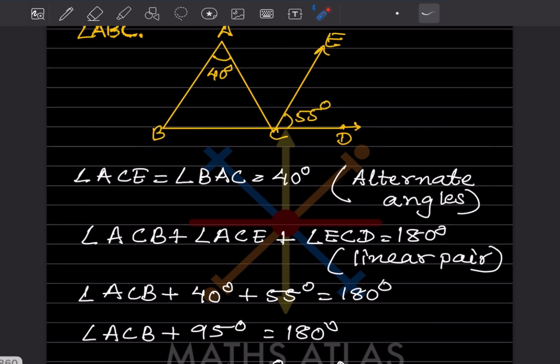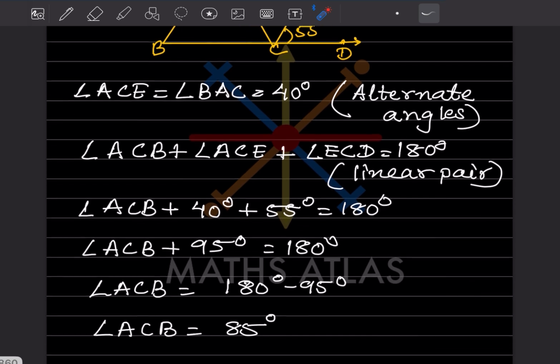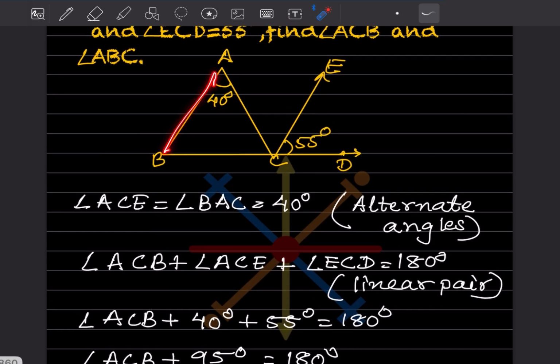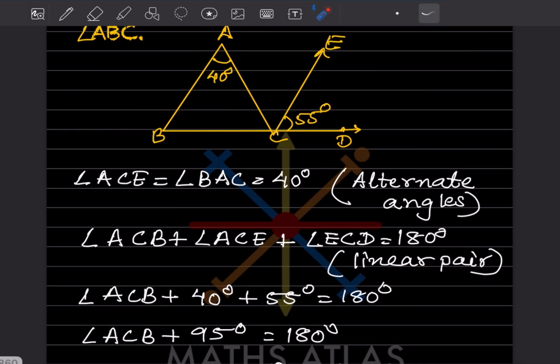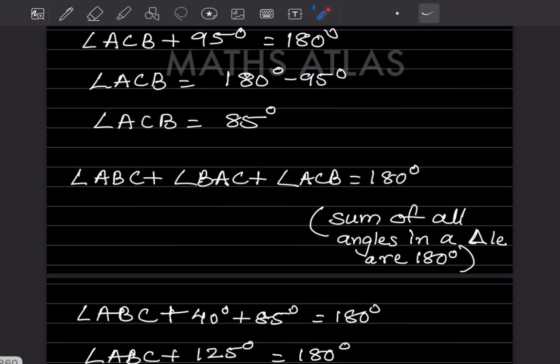So now we got ACB also, and they have asked for ACB. What is left is ABC. This angle is left, so that's very easy to find out. Angle ABC plus angle BAC, this one, plus angle ACB, this angle, is going to be 180 degrees, because the sum of all angles in a triangle is 180.